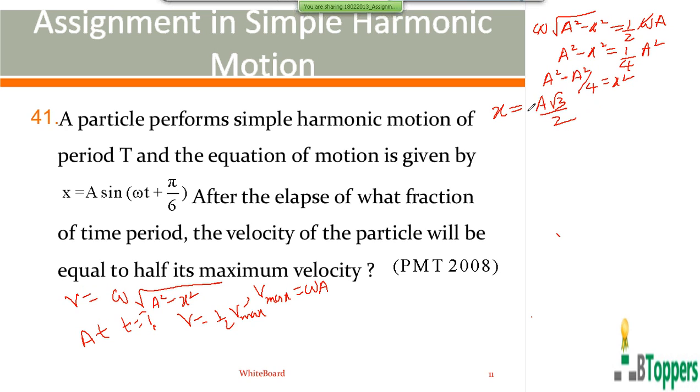So we have to find the minimum value of time after which x becomes equal to a root 3 by 2. The given equation is x equals a sine of omega t plus pi by 6. So you have to find the time after which x equals a root 3 by 2.